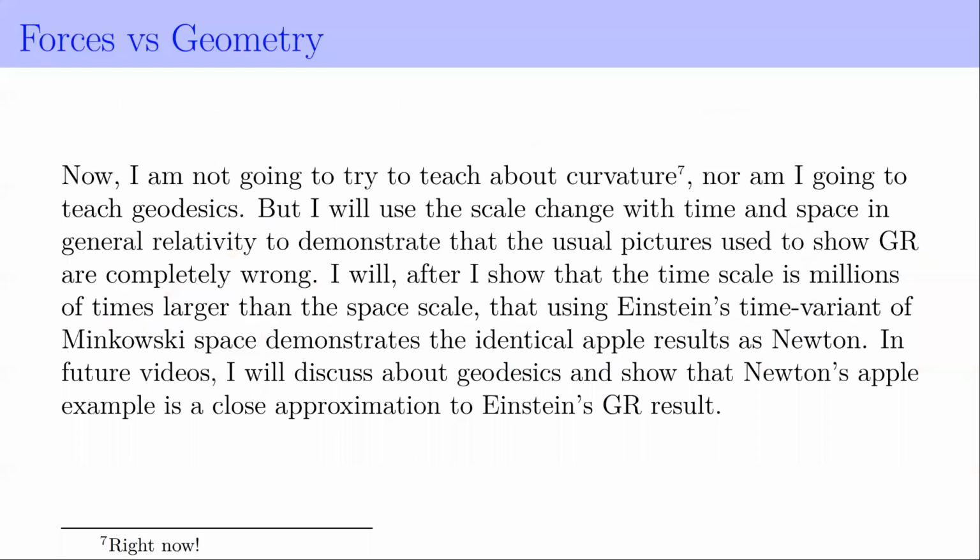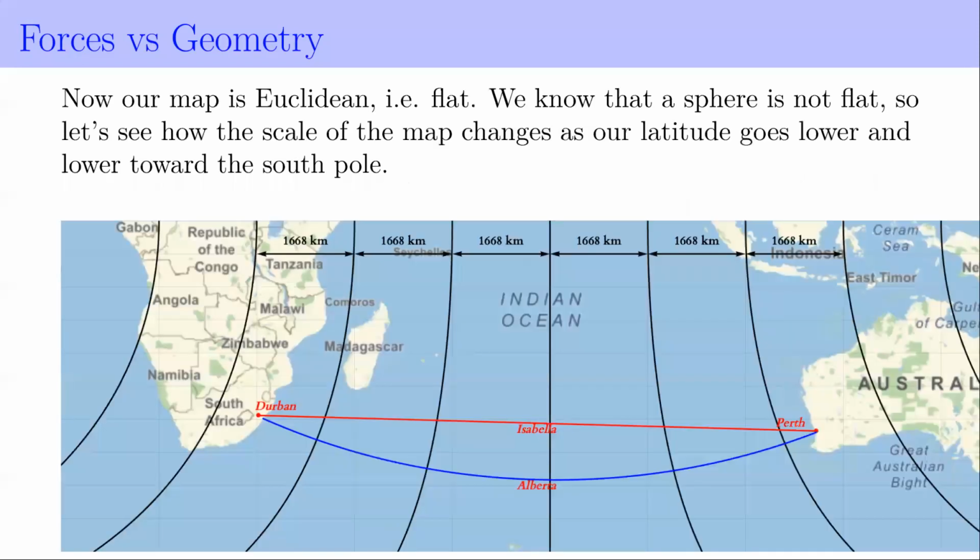So I'm not going to teach about curvature, and I'm not going to teach geodesics, but I will use the scale change with time and space in general relativity to demonstrate that the usual pictures used to show general relativity are just completely wrong. I will do so after I show that the time scale is millions of times larger than the space scale, and this is an example of change in space scale as you go around the globe.